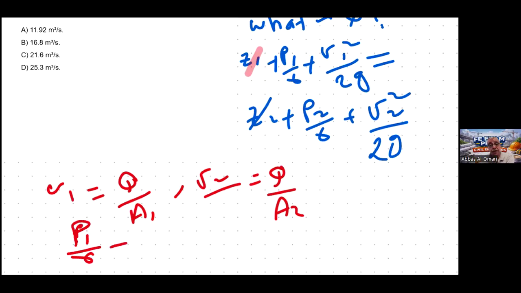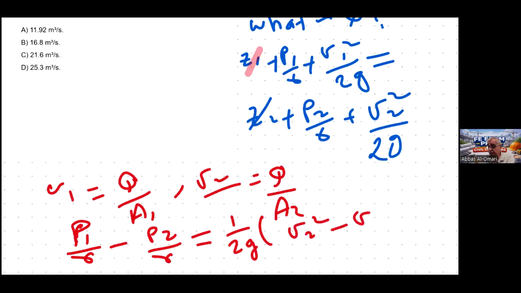I am rearranging the equation: P1 minus P2 over gamma equals 1 over 2G, which I take out, times V2 square minus V1 square. So now this is the equation we have.